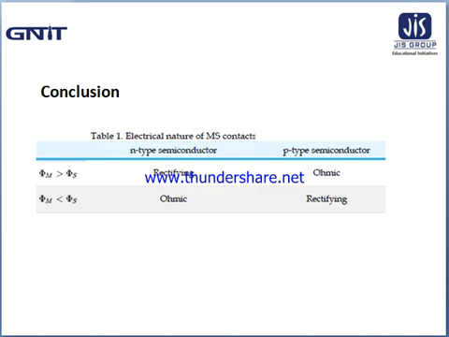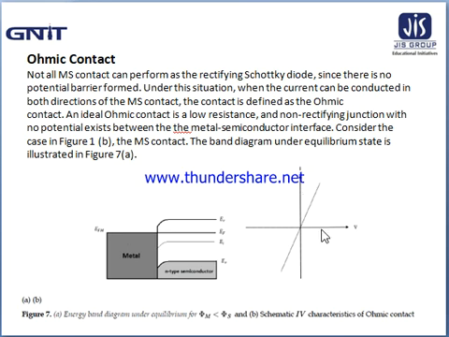We can say that the ohmic contact behaves like a linear current-voltage curve that follows Ohm's law in both forward and reverse bias conditions, which does not match the Schottky contact.